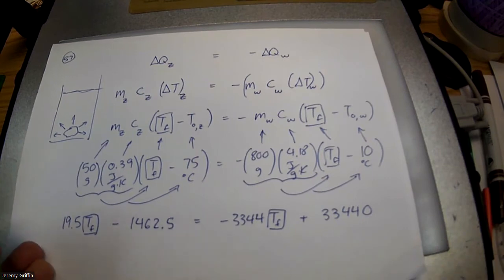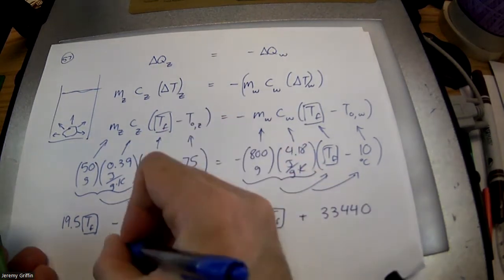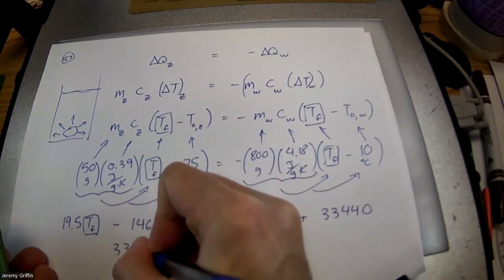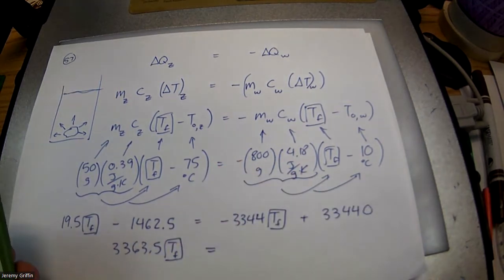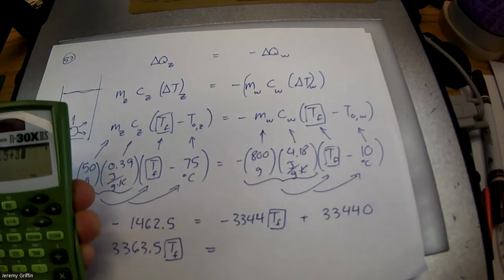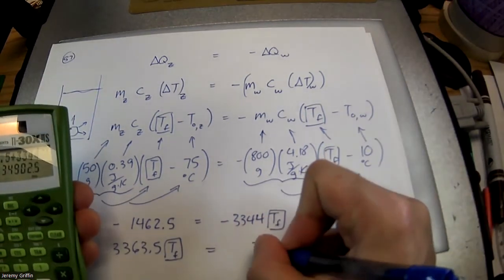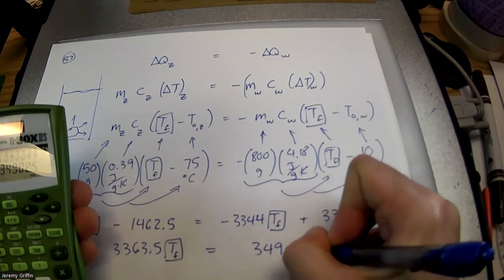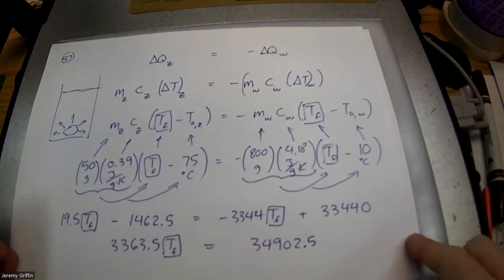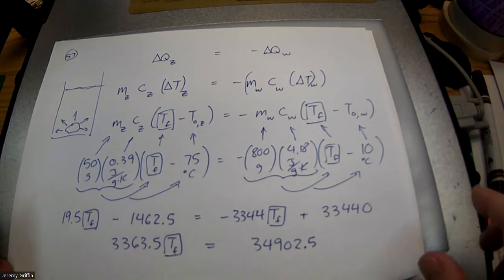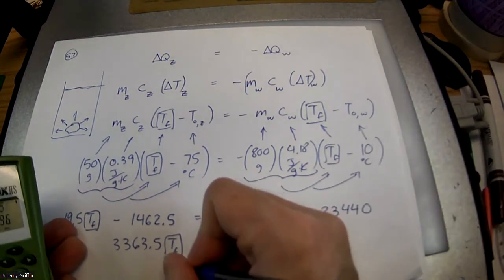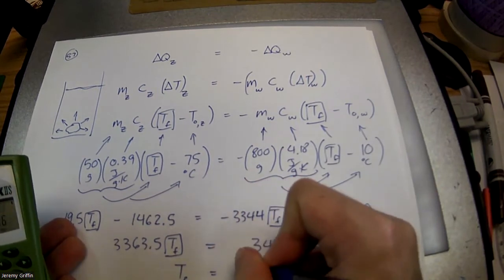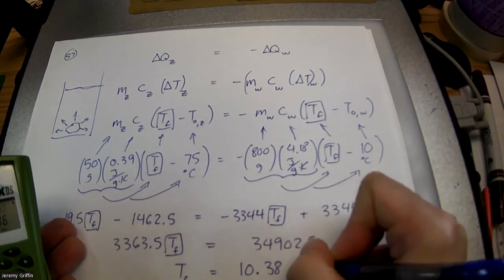Combine the T's, combine the constants. Divide by the coefficient in front of the T, and you get your equilibrium temperature.